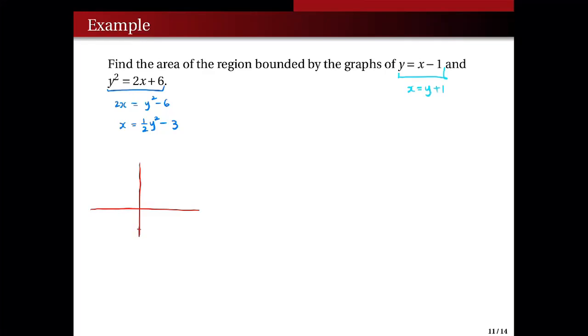And when y equals 0, x equals +1. So we'll just have the line x equals y plus 1.